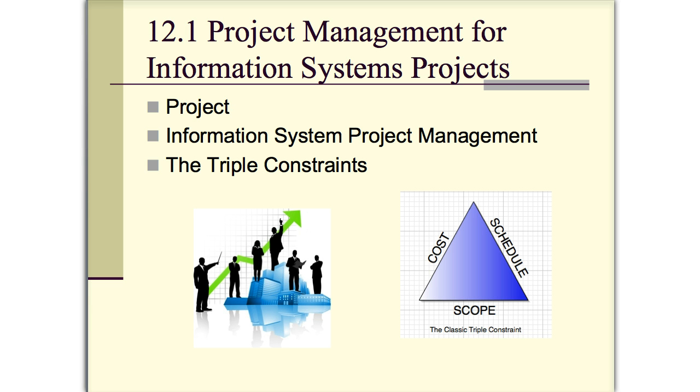Information systems project management is a directed effort to plan, organize, and manage resources that bring about successful achievement of specific information system goals. And every project has what are called triple constraints: cost, schedule, and scope. For a project to be successful, it needs to come in under or at cost, within the schedule that was set for it, and of course the scope of the project can't have expanded over time, which tends to happen.